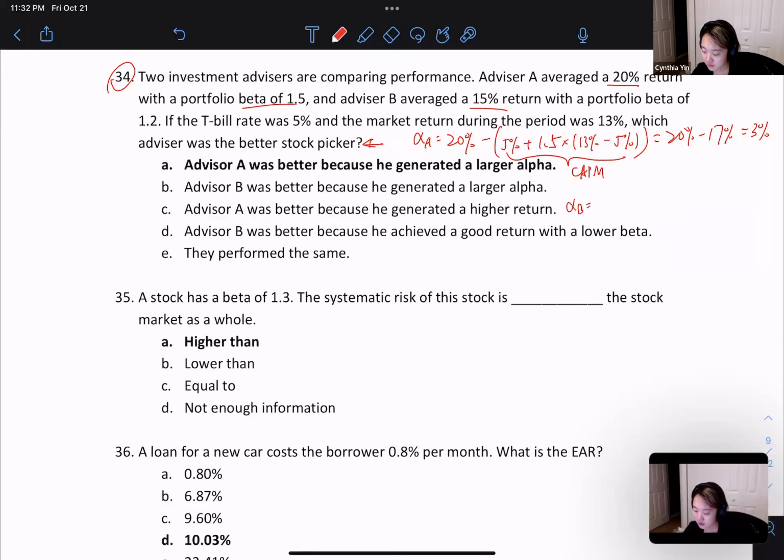And then let's see alpha B. Alpha B is 15% minus 5% plus 1.2 times 13% minus 5%.